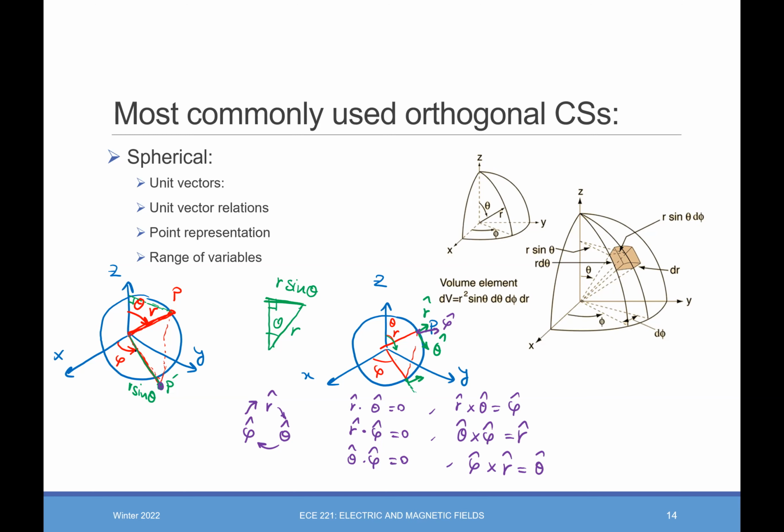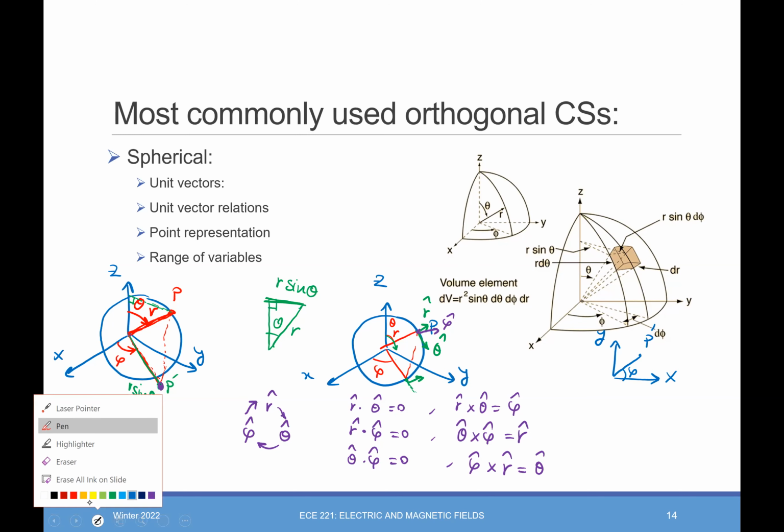So let me go to XY again. This is the projection on XY. This is point P prime. And then we established that this is the phi angle.